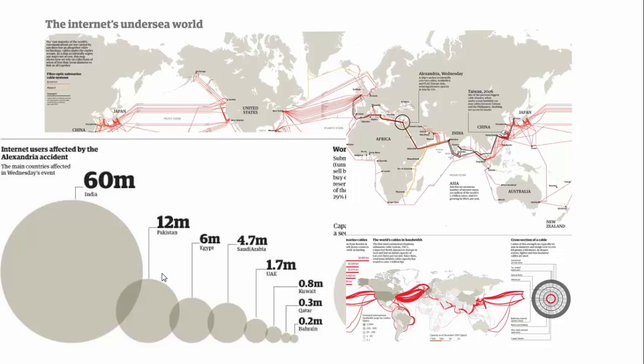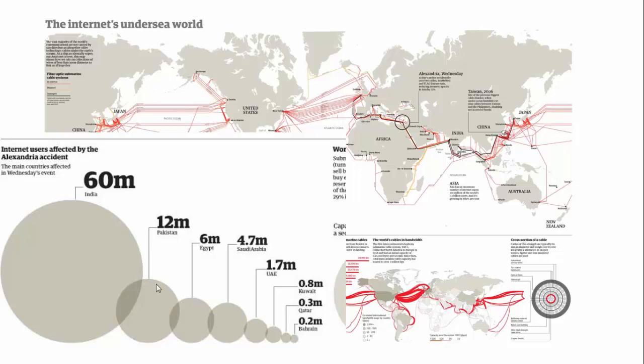And for comparison's sake, go down to the next level: Pakistan to Egypt is 2 to 1. Twice as many people in Pakistan were affected than in Egypt, and the circle for Egypt is about half the size in area as the circle of Pakistan. And so they actually did this right. They grew these circles correctly so that their area reflected the numbers that they were trying to demonstrate.